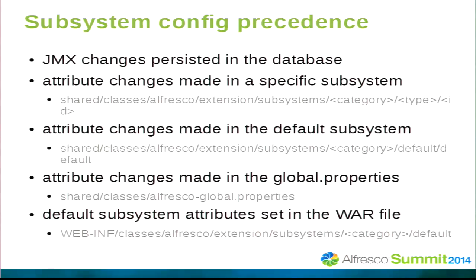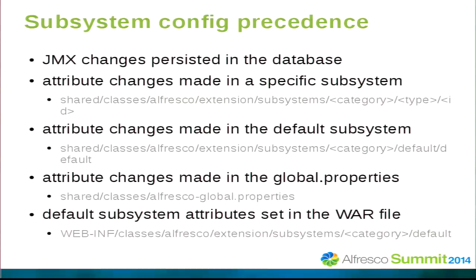And then you have the default subsystem, which is basically the common configuration for a specific category of subsystem. So, for example, you could have some common config to connect to OpenLDAP and to Active Directory, and only the part that is specific to each being in a type subsystem.